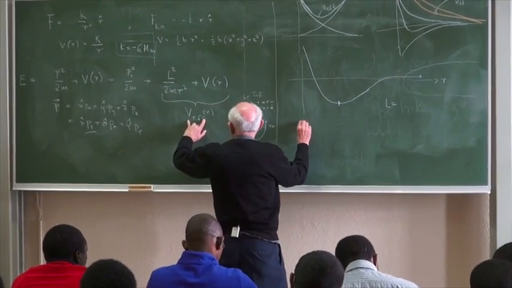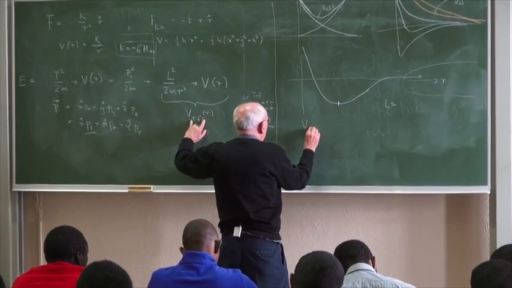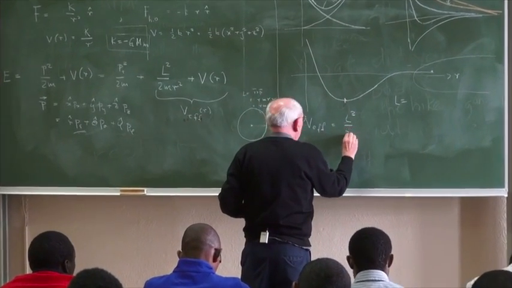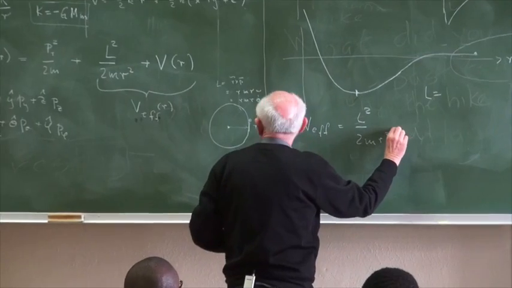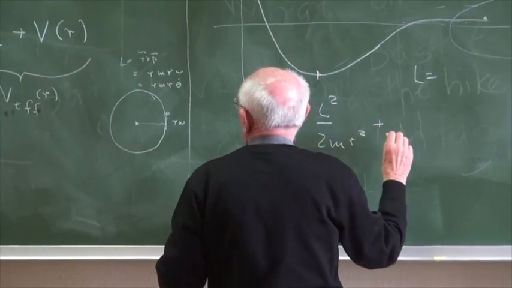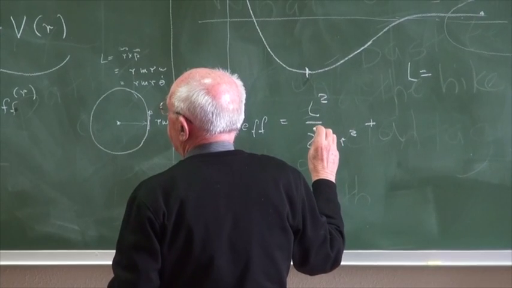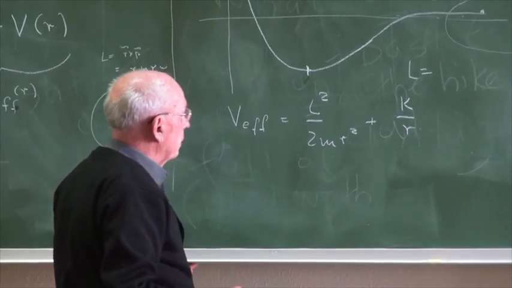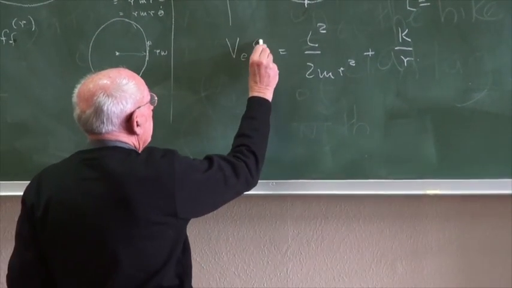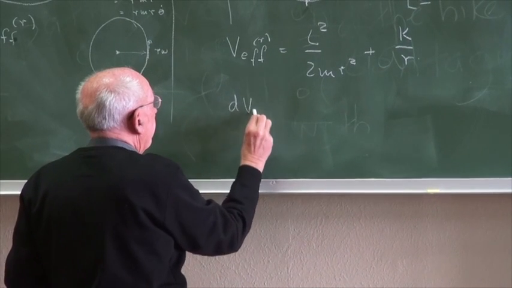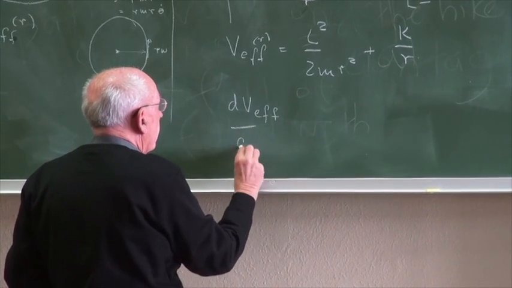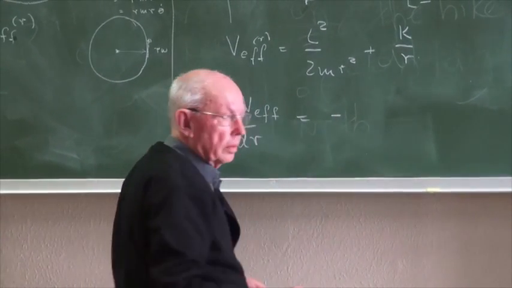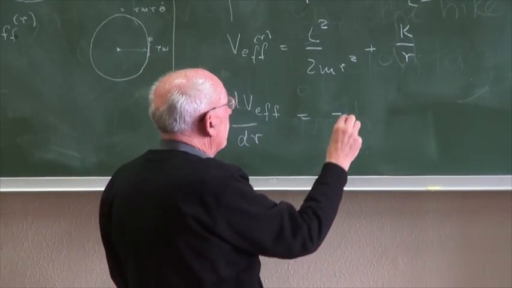So we have V effective is equal to L squared over 2mr squared plus V of R is K over R. This is the case we're considering now. And so this is a function of R, and so we find the derivative of V effective with respect to r, and that gives me, this you can do quickly. Help me.